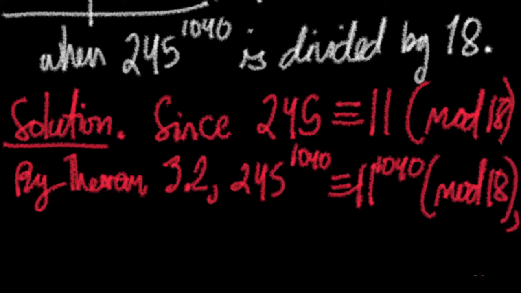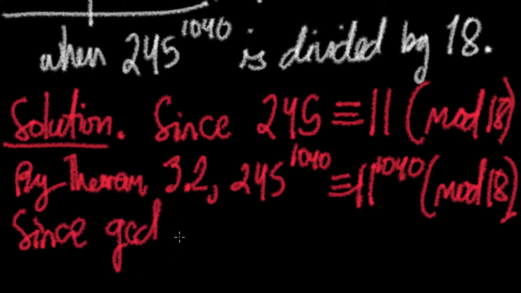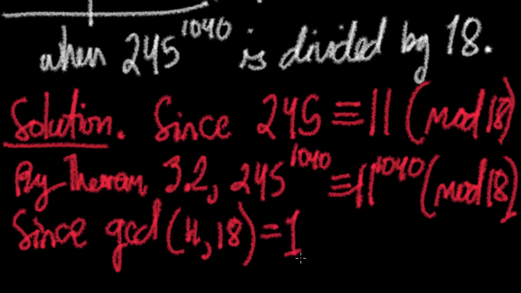Therefore we can see that the GCD of 11 and 18 is 1, that is, they're relatively prime. That is because 11 is a prime number, so it should be relatively prime to any number unless it's a multiple of that number.